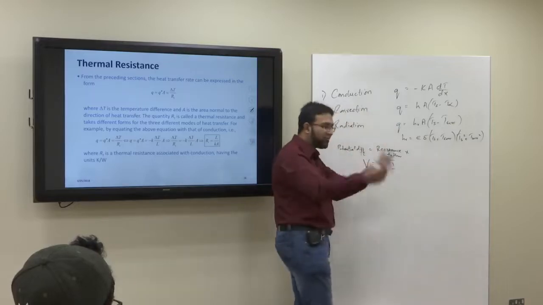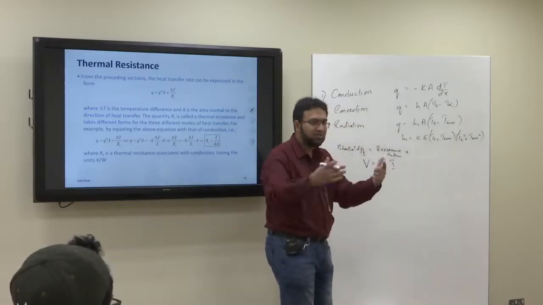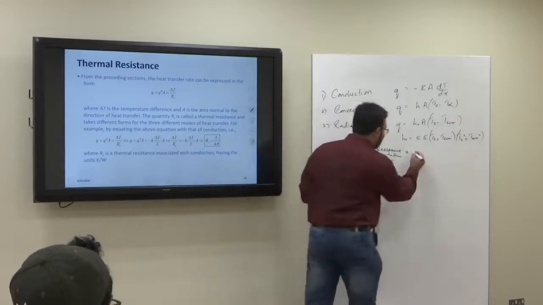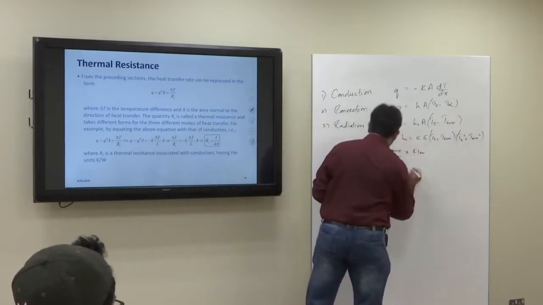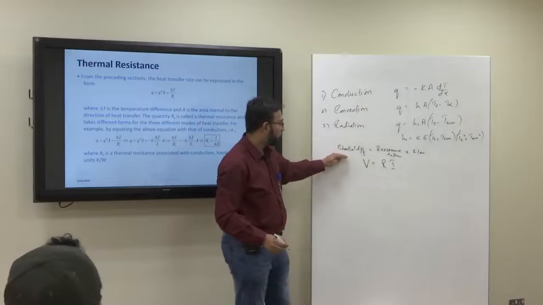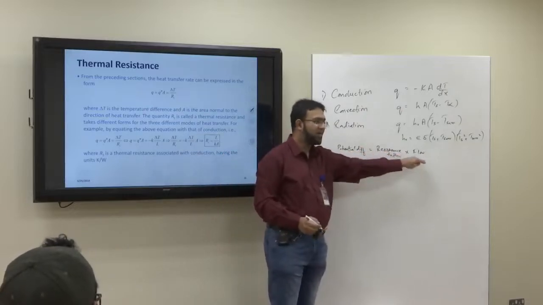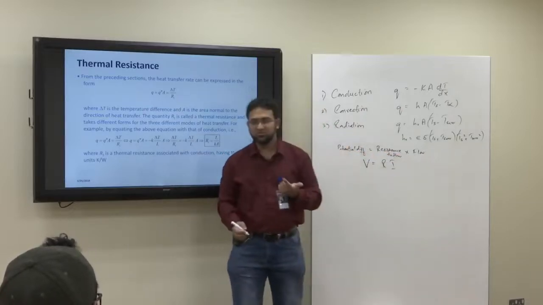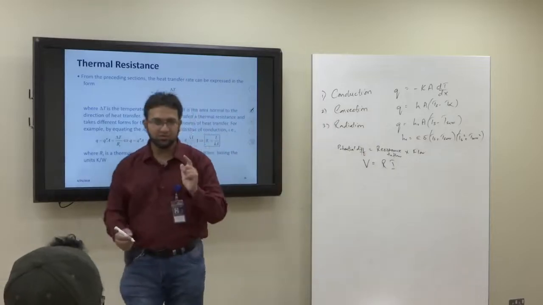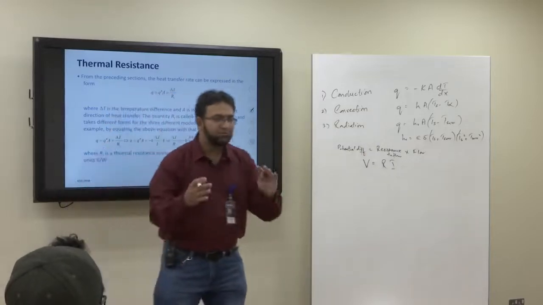It is the flow of electrons in electrical systems, but in general it is the flow. So potential difference is equal to resistance to flow multiplied by the flow. This is the universal law. It is applied everywhere in the world. In every field it is the same.